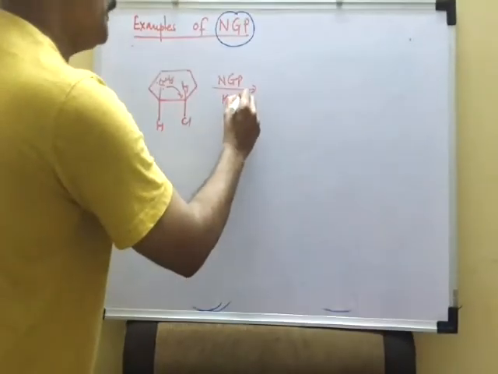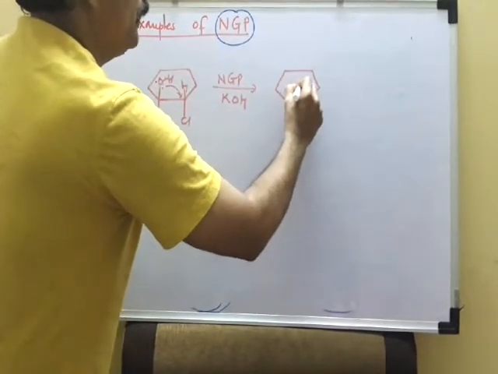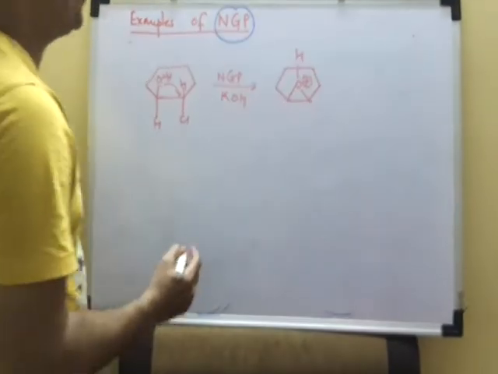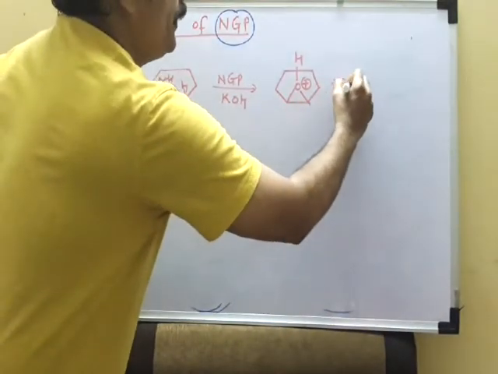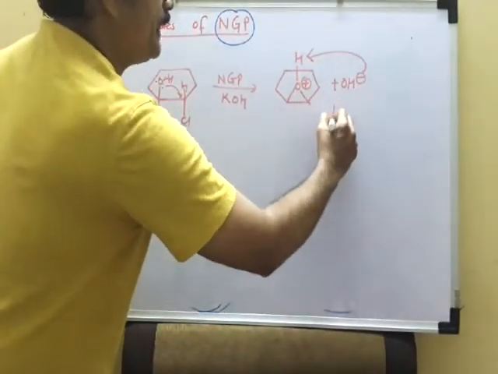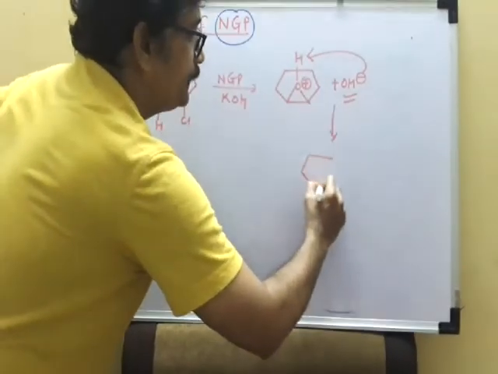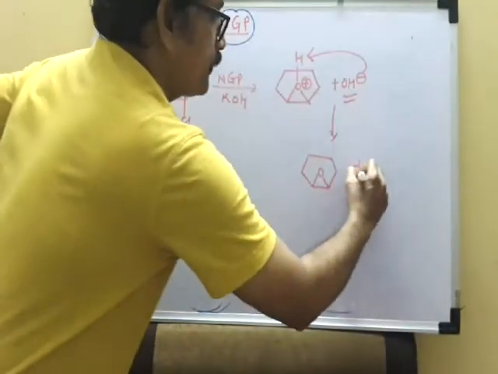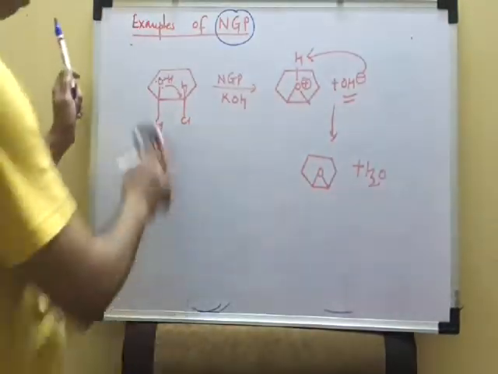In presence of KOH I am performing this reaction, and I'll get here this H is there, just like what we observed in the previous case. So now this OH is more interested in H. Instead of acting as a nucleophile, it is acting as a base, because this is a very strong base. And then we get this kind of product along with H2O. So this is another example.